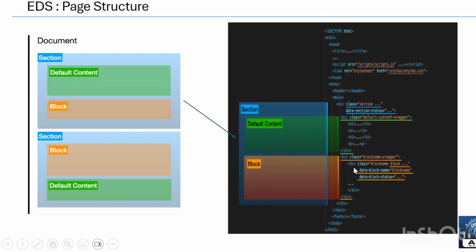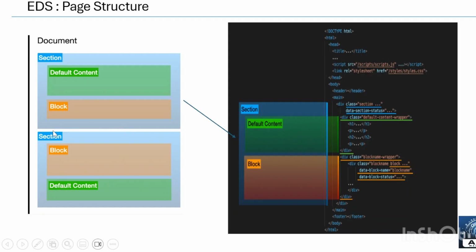That's how the overall page DOM structure will look: a header at the top, then main, and then the footer section.